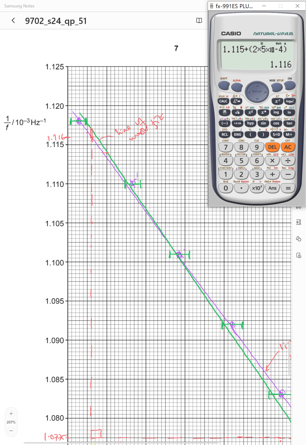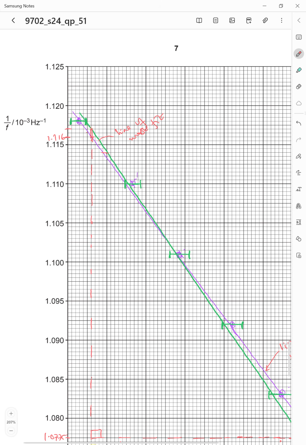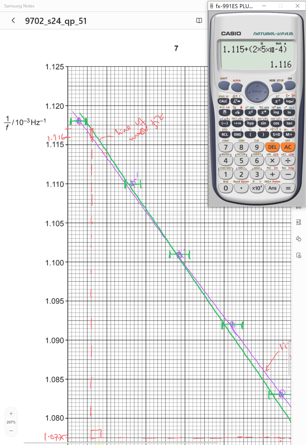Let me also read the values for the green line so that I just calculate at once. So we also have this one here for the green line, which is 1.115 plus, open brackets, how many boxes? 1, 2, 3, 4.